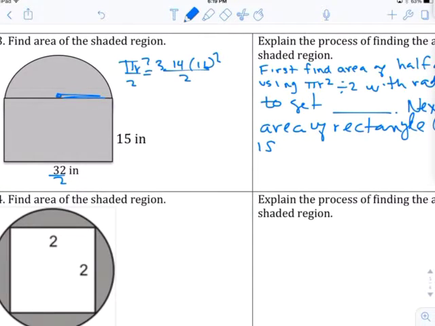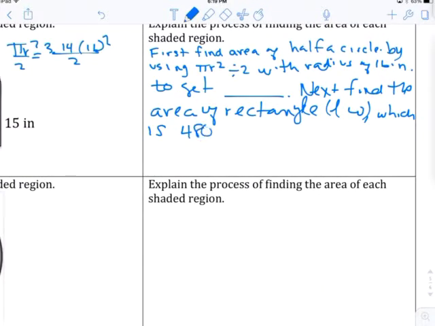Let's see. 15 times 30. 15 times 32. Oh no. 15 times 32 is 480 inches squared.